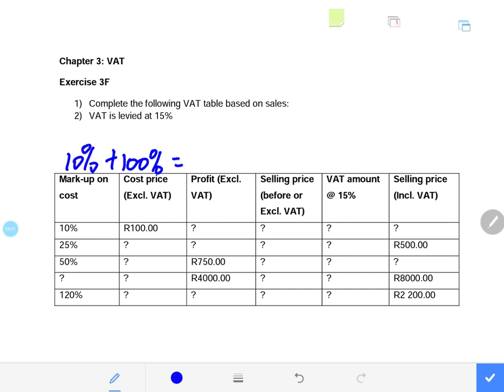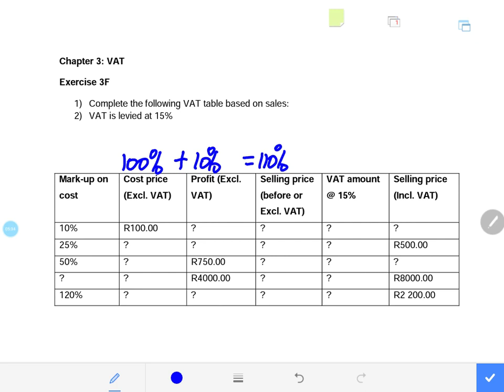So that means our selling price will be 110%. I just want to put the plus on this side. This is 10%. Remember that 10% I said is the profit. So our selling price will be 110%.